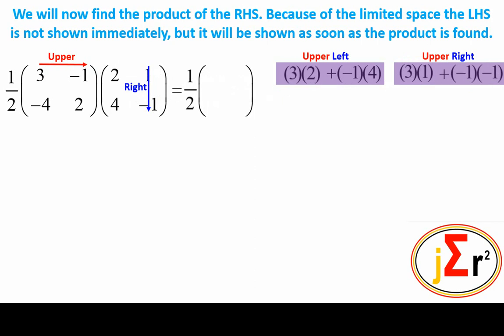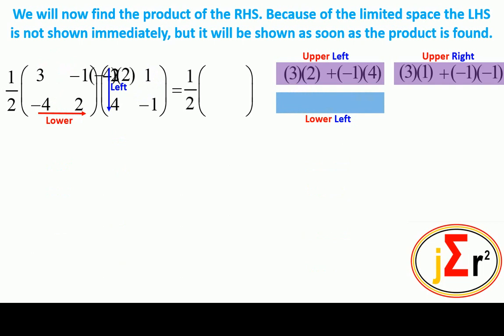Since we use the upper row to exhaust both columns, we will now move down to the lower row. The lower times the left, the answer will go to the lower left. And no doubt, -4 times 2 will be the first times the first.